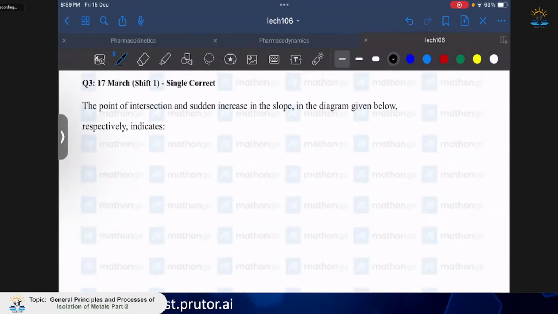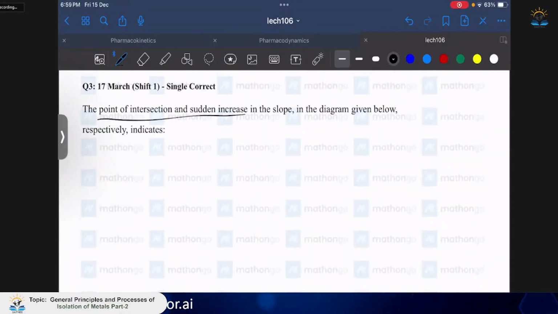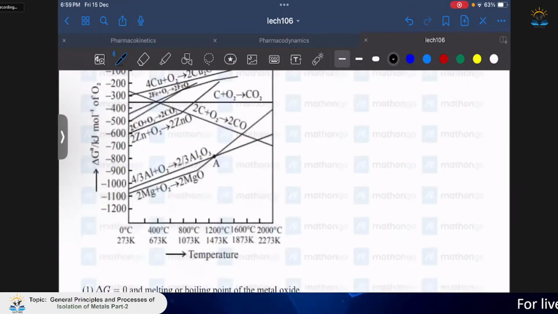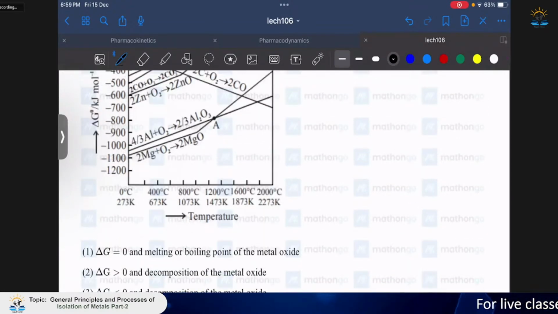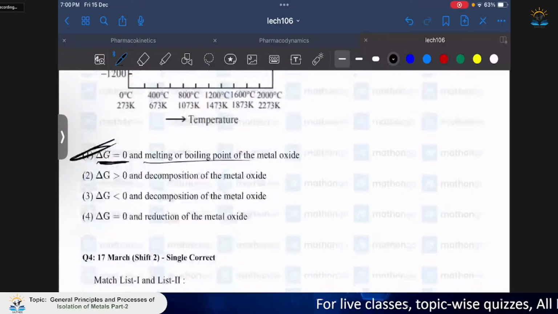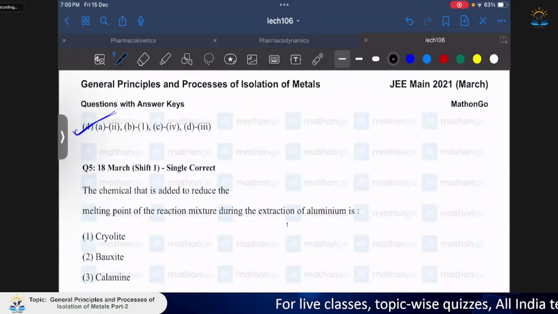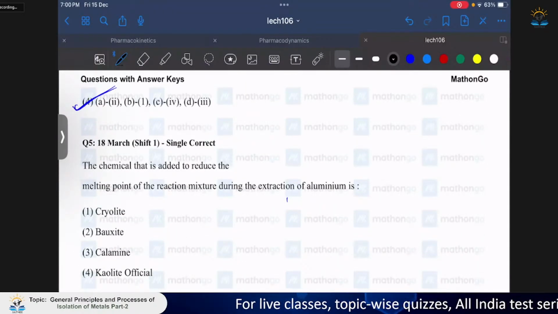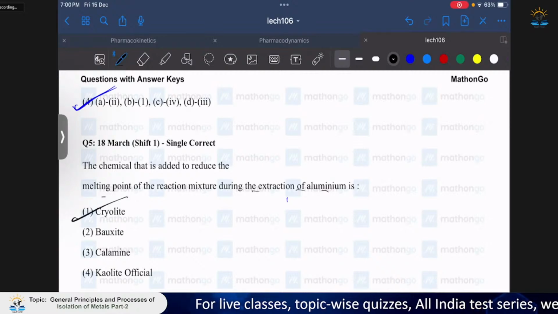Now, point of intersection and sudden increase in slope respectively indicate. Point of intersection is delta G naught equal to 0, and the kink means melting or boiling is occurring. So this is correct. Then the chemical that is added to reduce the melting point of the reaction mixture for aluminum is cryolite.